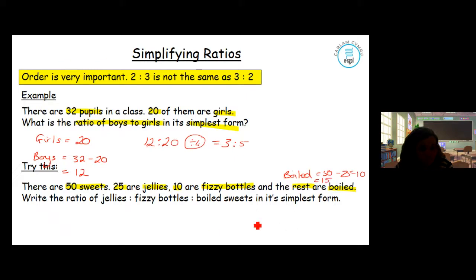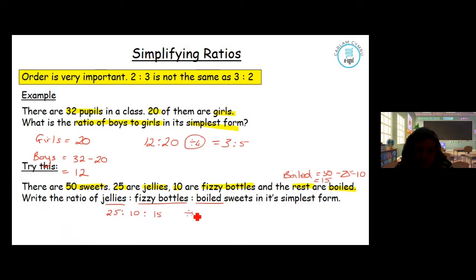Okay, so now I can move on and say, right, let's have a look at the ratios. They wanted jellies first, so that's 25. Then they wanted fizzy bottles, so that's 10. And then, because you don't have to just have two values for a ratio, they want boiled sweets, which we've just worked out to be 15. So I can see these are all in the 5 times table.